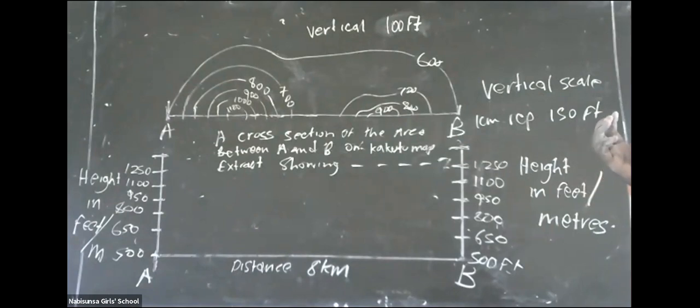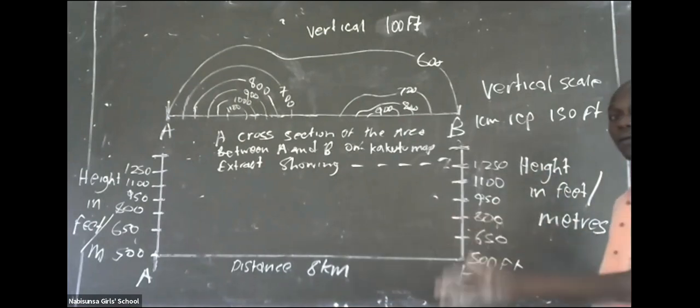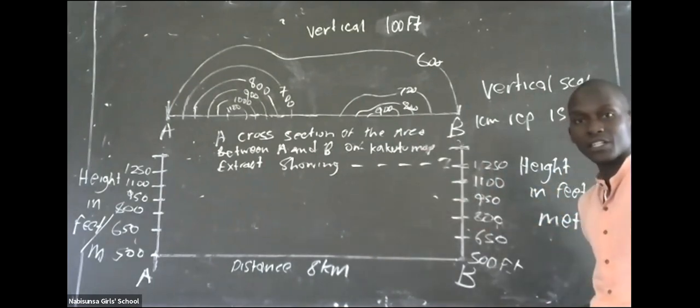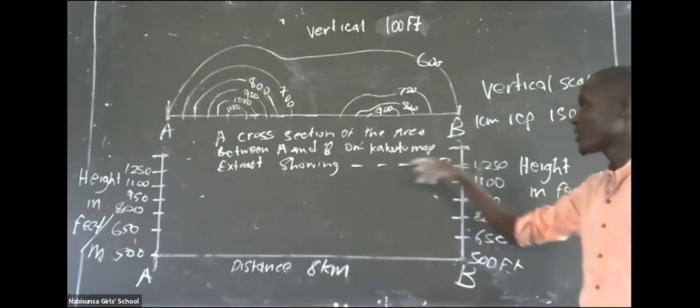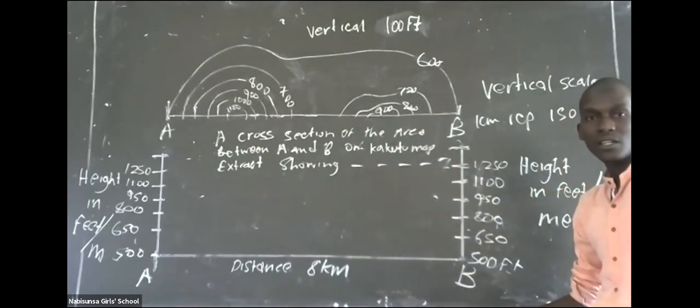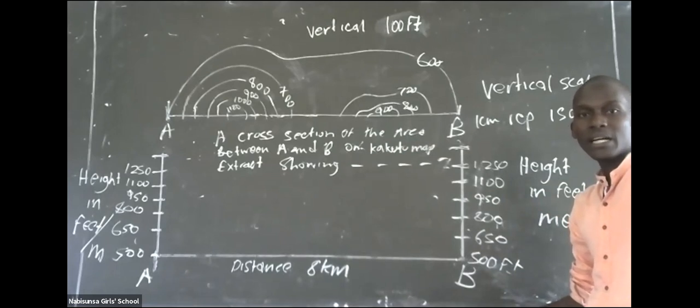The next thing is to tell us which map extract that cross section was from, on Kakuto map extract, so that even the examiner, when marking, will know that this cross section was extracted from this map extract. Then you say what they have asked you to show. But it's supposed to be in capital letters. Am I clear? Yes, teacher.